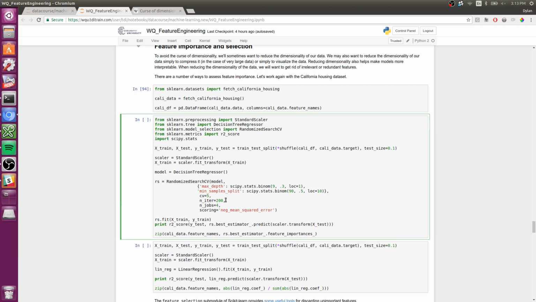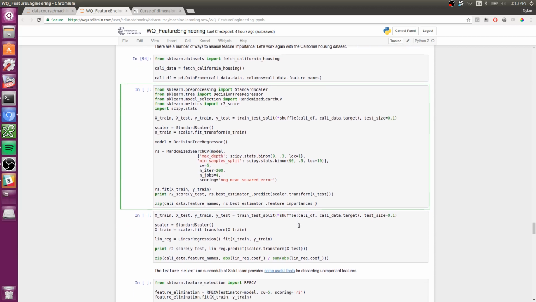So we'll try 200 random combinations of max depths between 1 and 9. And we'll try min sample splits between 1 and 90. So this will take a moment to train.